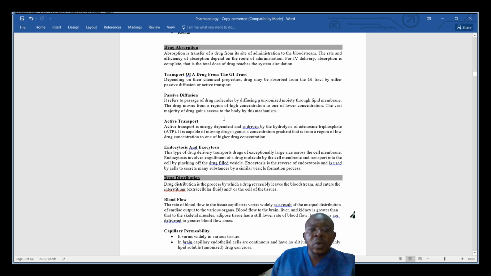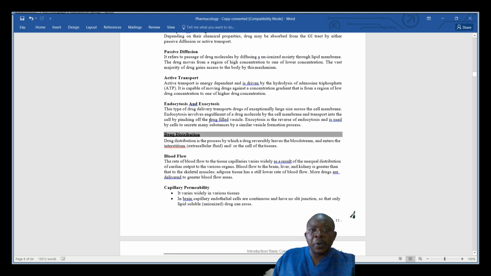Let us now look at active transport. Active transport requires energy. It is energy dependent and is driven by the hydrolysis of adenosine triphosphate, abbreviated as ATP.